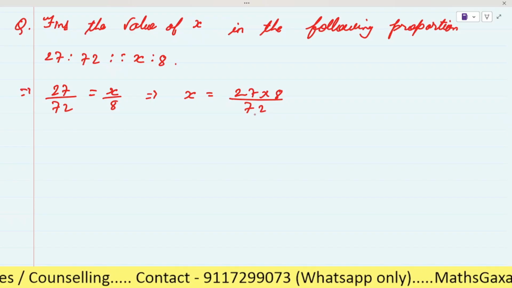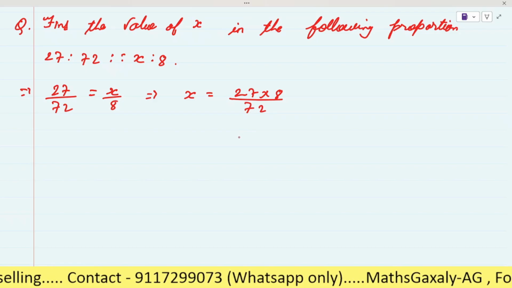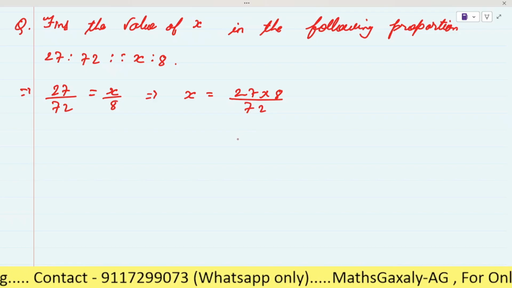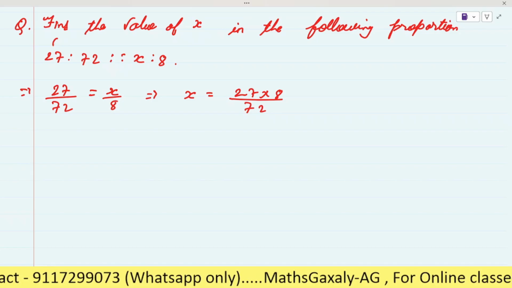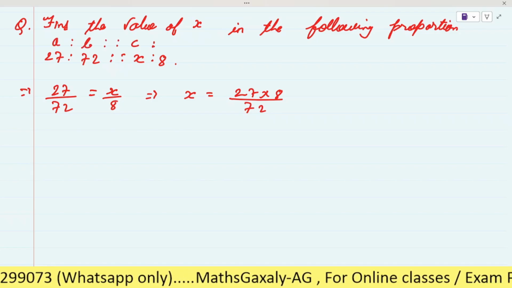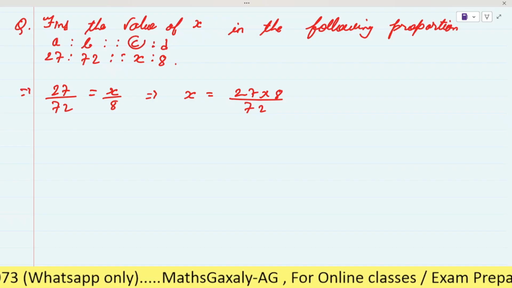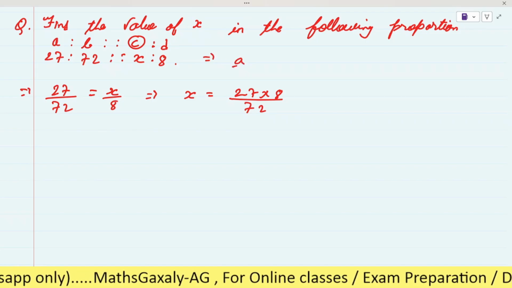Okay, but then can't we use that A into D is equal to B into C? If you will mark it A, B, C, D, then it will be like A is to B proportional to C is to D, right? Here you have to find the value of C now. So in that one it will be like this.